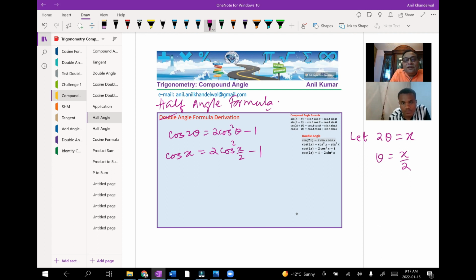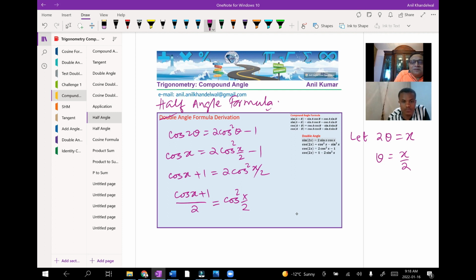Yes. I can rearrange and write this as cos x plus 1 equals 2 cos square x by 2, right? Now I can divide by 2. So you get cos x plus 1 divided by 2 equals cos square x by 2. Perfect? Now I can square root it.